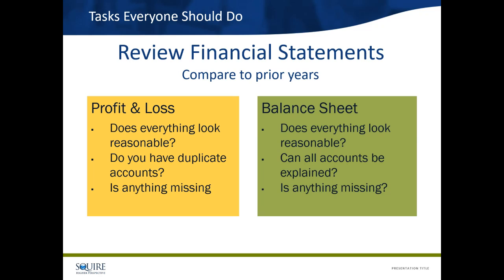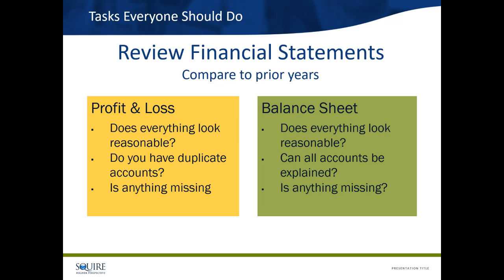It's a new expense line item for the year and you didn't have it last year. Is it something that was recorded in a different insurance account than the prior year, or a different equipment account, whatever it might be? Just look and make sure that those year-over-year differences are reasonable.